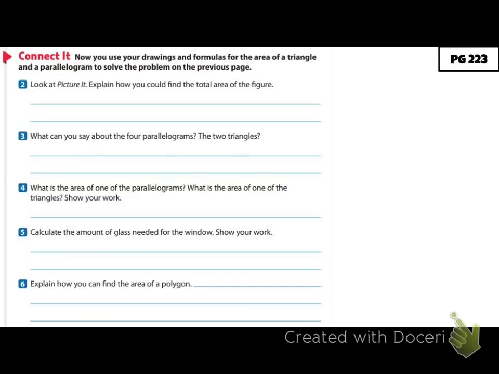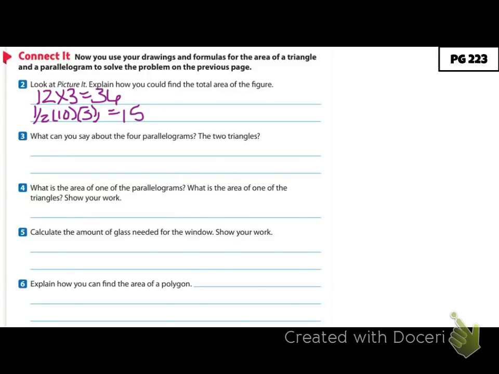Well, on the previous page, we found the area of our parallelogram by doing 12 times 3 for our base times height, and we got 36. Then we found the area of one of the triangles, 1/2 times 10, which is our base, times 3, which is our height. When we multiplied that out, we got 15.